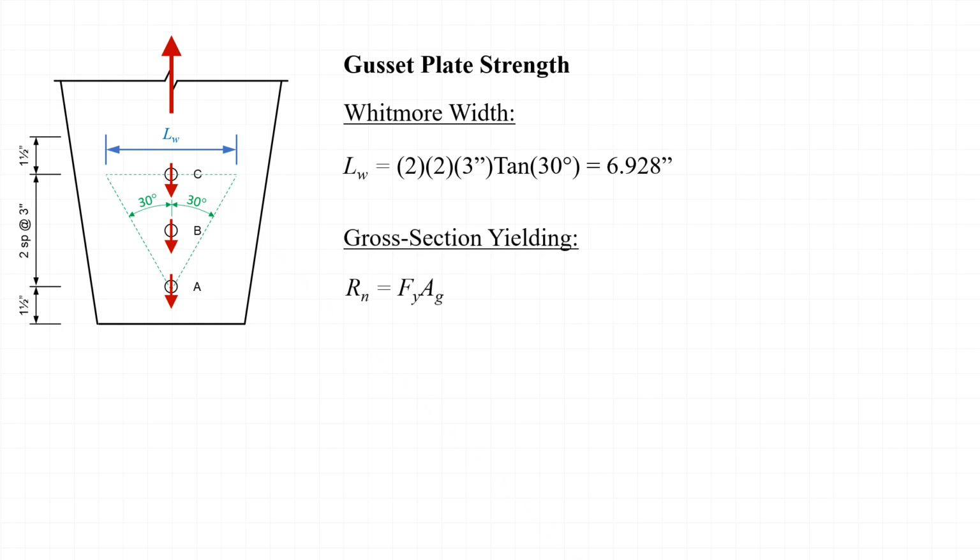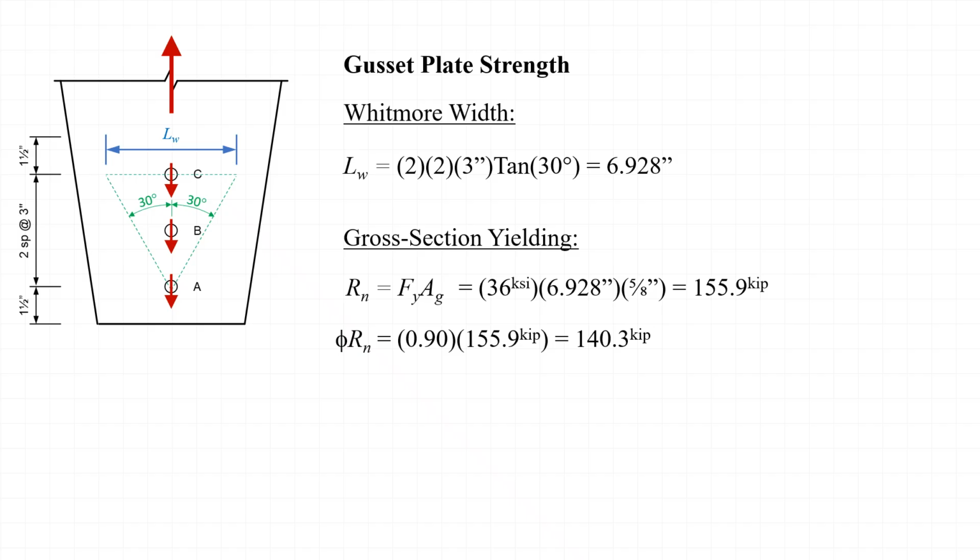Now that the Whitmore width is defined, we can calculate the gross section yielding strength of the plate, which is equal to F sub y times A sub g. Substituting in values of 36 KSI for the yield stress, 6.928 inches for the width, and 5/8 of an inch for the thickness, we find that the nominal strength is equal to 155.9 kips. Applying the resistance factor of 0.90, we find that the design strength is equal to 140.3 kips.